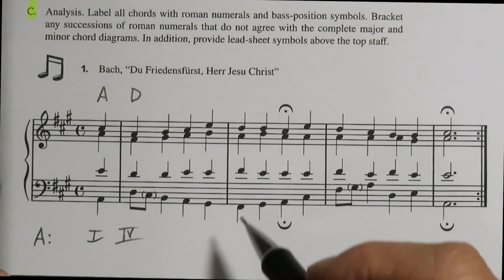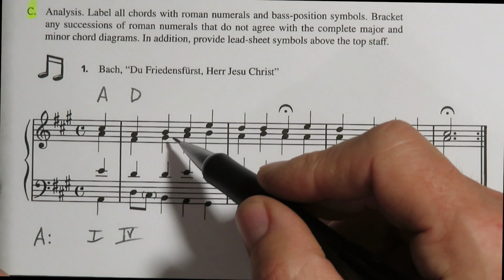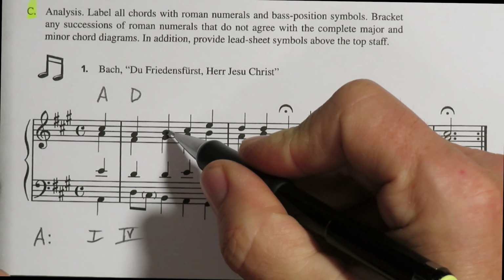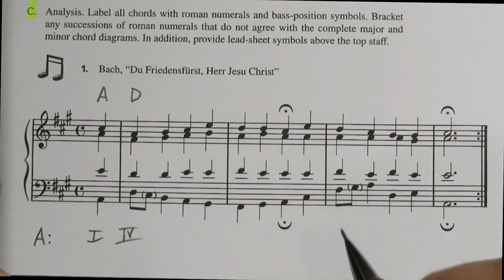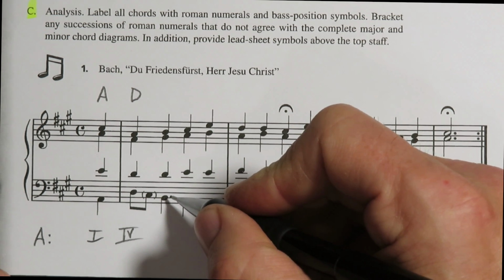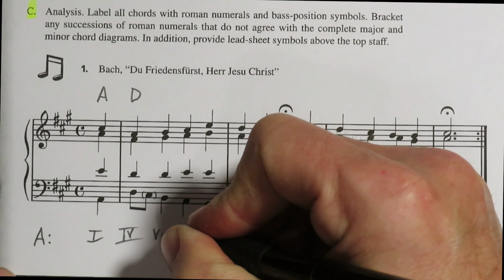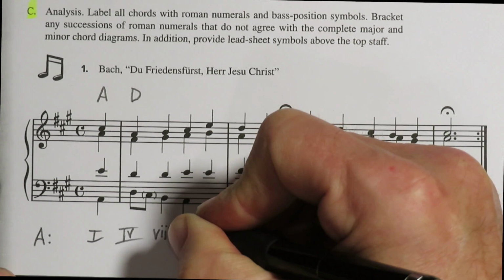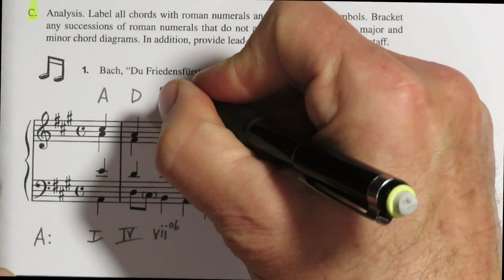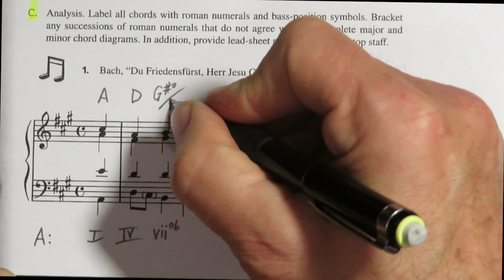And here we have a B, a D, a G sharp, and a B. So G sharp B D is G sharp diminished, and since it has a B in the bass, it is in first inversion. So we have a 7 diminished 6. Okay, so we'd have G sharp diminished over B.